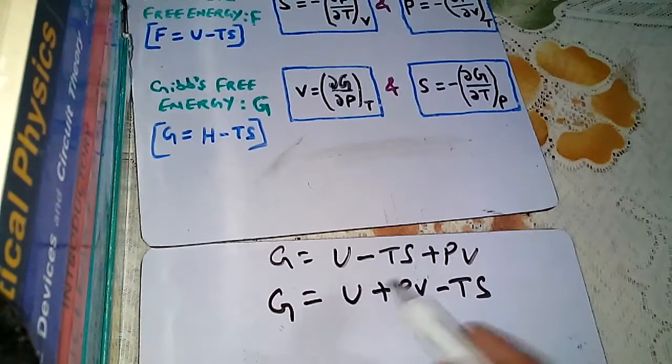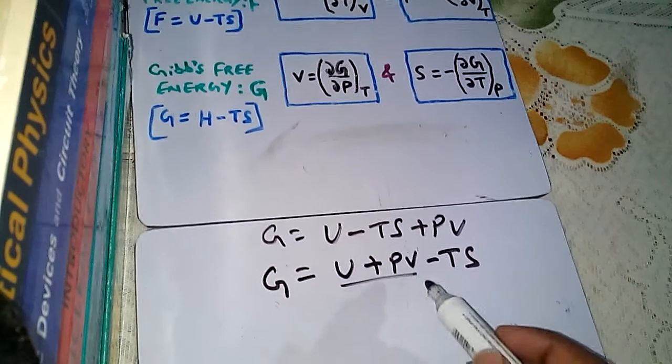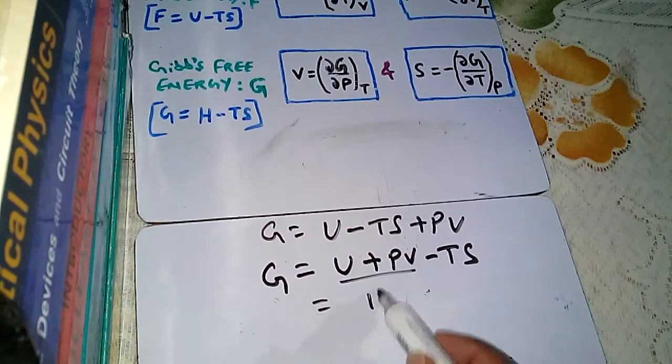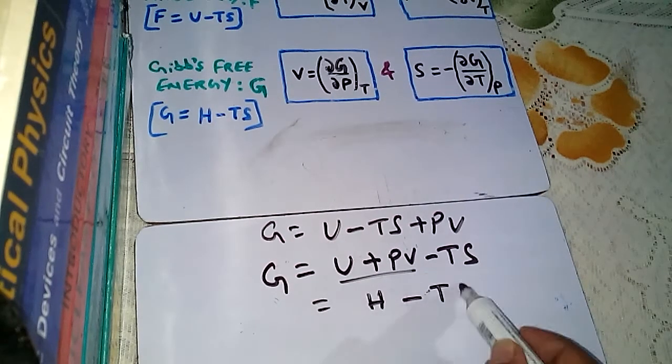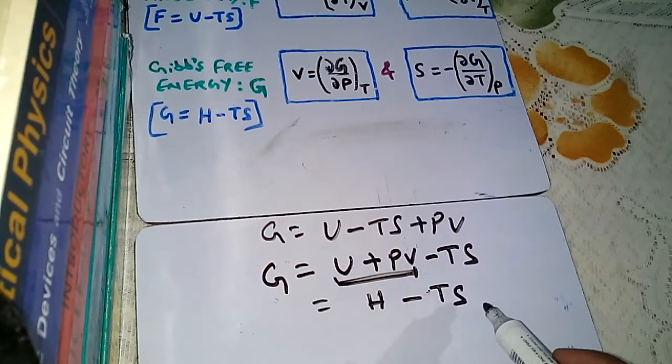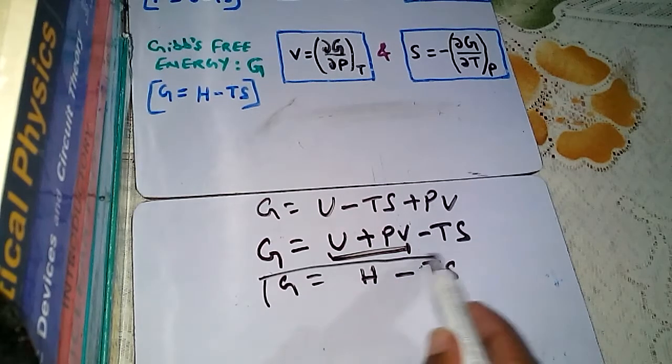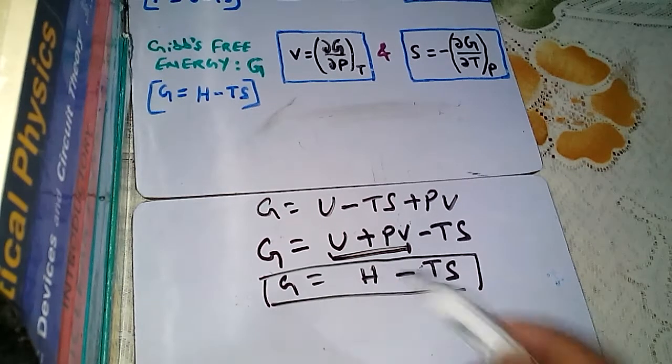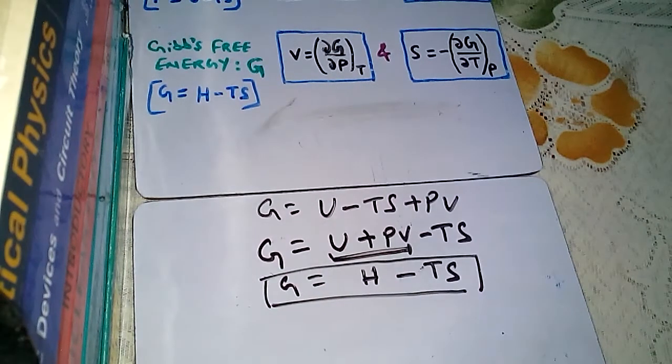So this U plus PV we can substitute by H, minus Ts. So this part is H. That means we have G equals H minus Ts. And now you can see that this is similar to this. That means these two relations will hold, and we will compare.